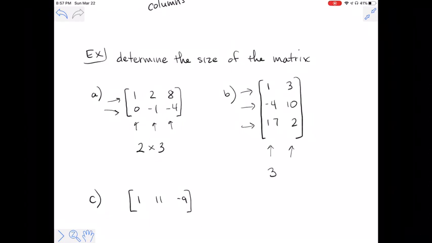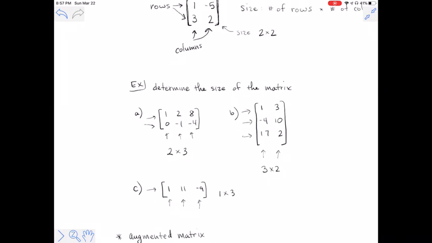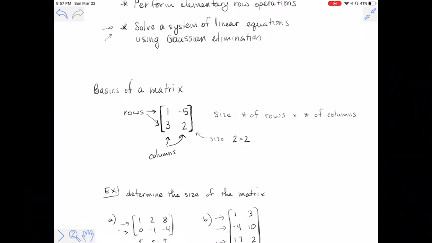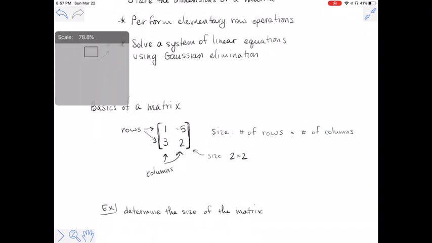So this would be a 3 by 2 matrix. And then part C only has 1 row, 3 columns. So this one is a 1 by 3. So that's our first objective, really, to state the dimensions of a matrix.